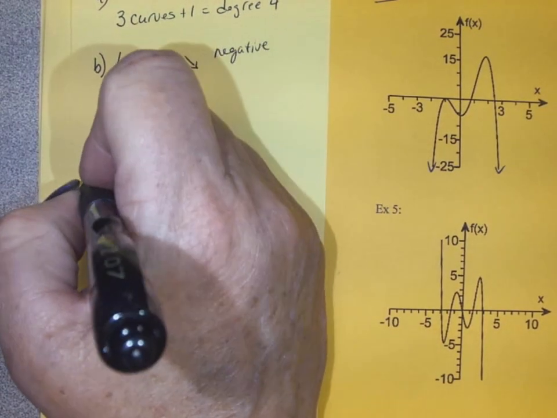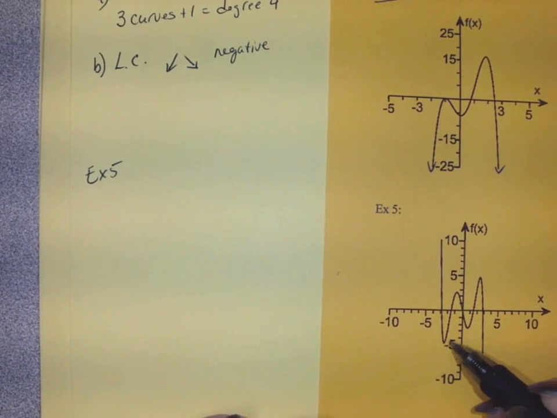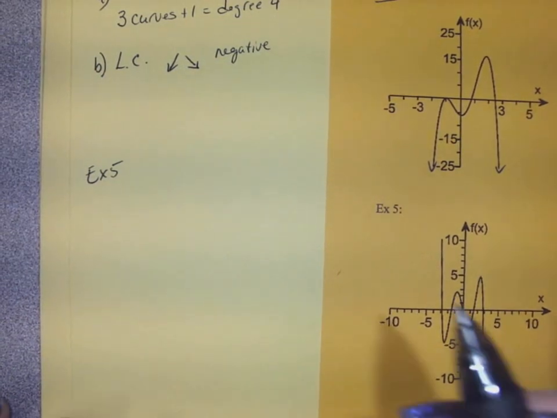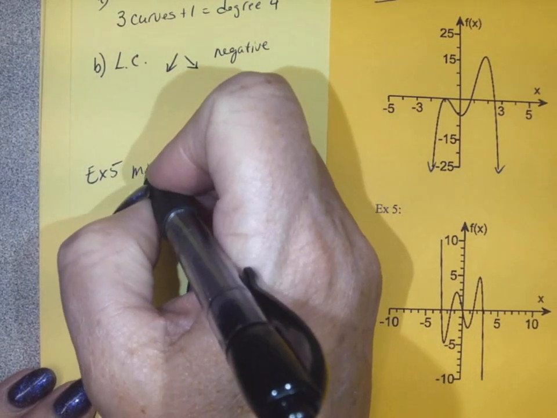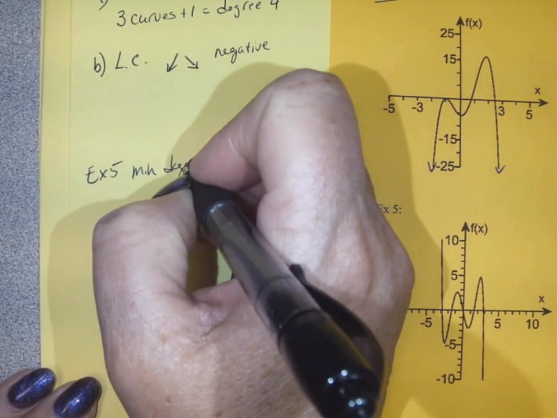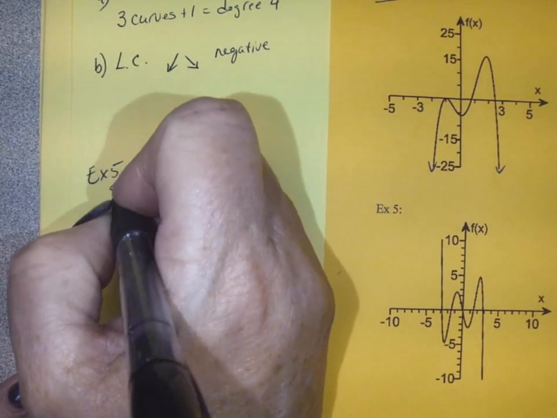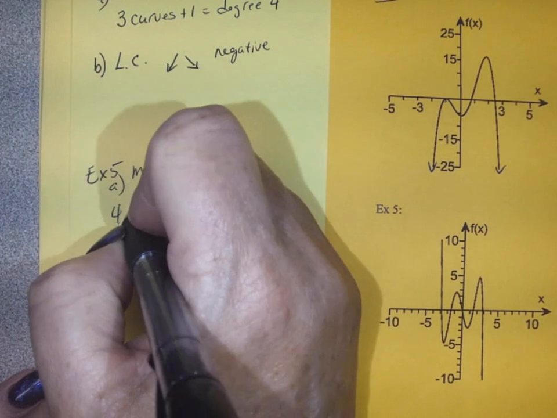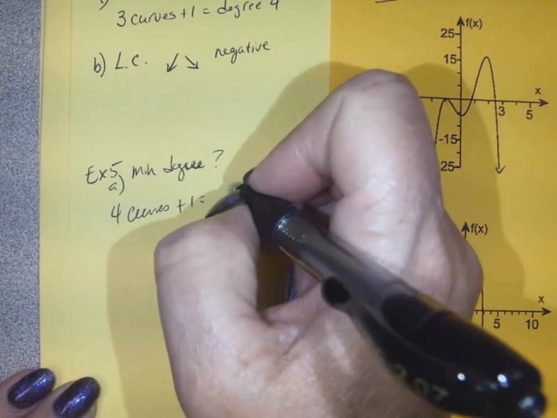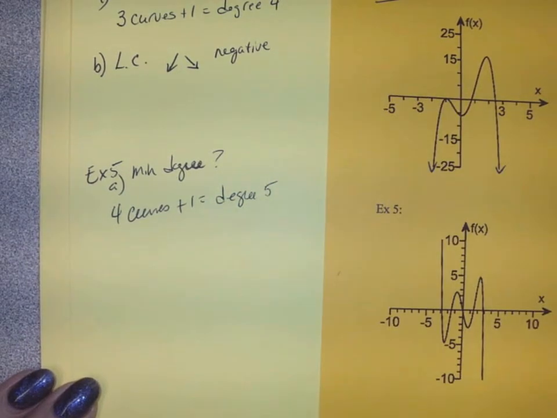Okay? Let's look at number 5. So for example 5, we have 1 curve, 2 curves, 3 curves, 4 curves. So our min degree, again, this is part A. We have 4 curves. 4 curves plus 1 will get us a degree of 5.